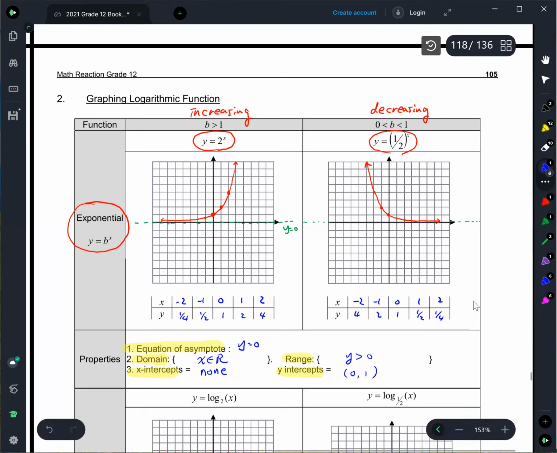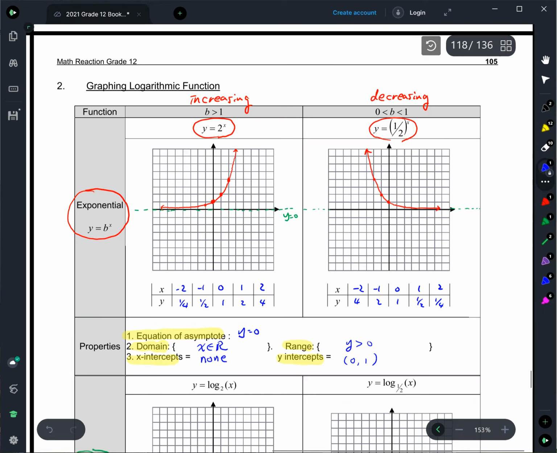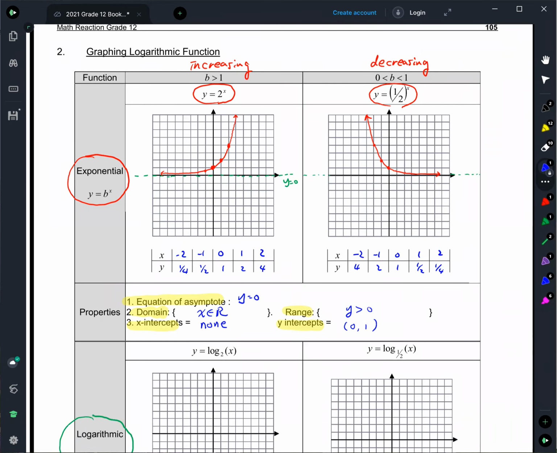Okay, can you guys please raise your hand if you finish the chart? All right, Caleb, do you need more time?